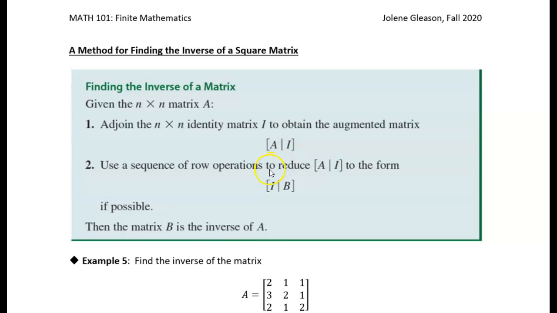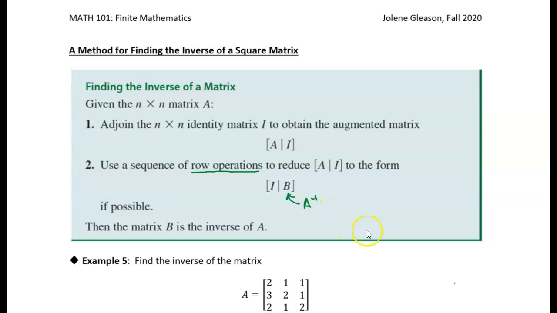And then we're going to perform the same row operations that we did in Gauss-Jordan elimination, until we reduce this augmented matrix of A and the identity matrix to another augmented matrix that has the identity matrix on the left, and this B matrix is the inverse. This is our A inverse. This becomes our inverse of A.